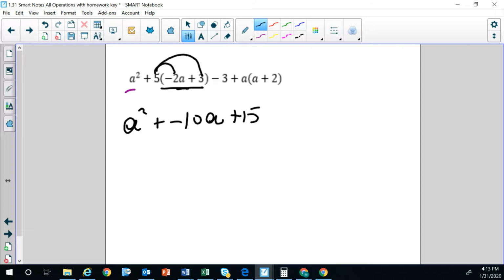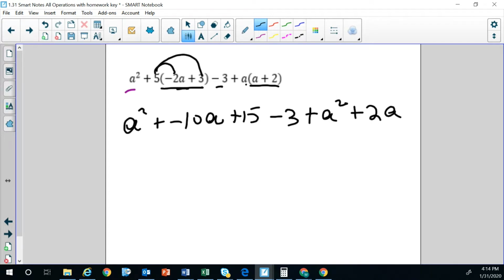Now I have a negative 3 by itself, so I'm just going to rewrite that, negative 3. I have an a multiplying this expression, so that's going to give me a squared plus 2a. All right? So I unpack it and remove all the parentheses.